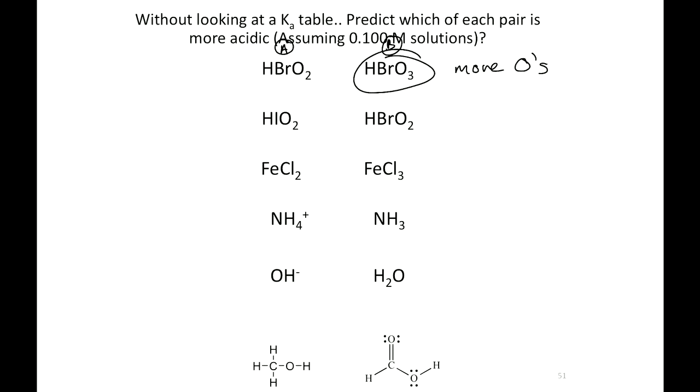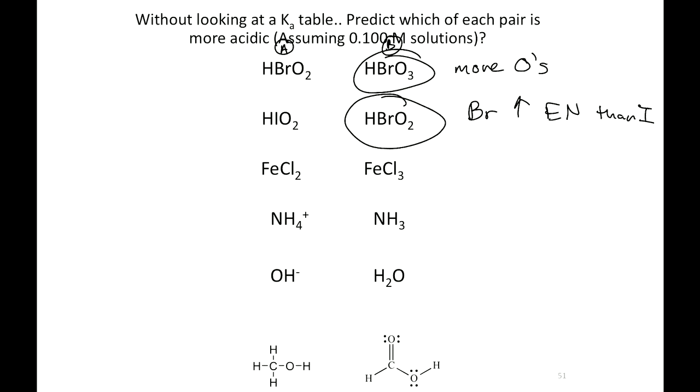HIO2 or HBrO2? What do we think? A or B? B, yes. Why? Bromine is more electronegative than iodine. Remember, fluorine is the most electronegative, and then it decreases going towards cesium. So bromine's more electronegative than iodine because iodine's lower on the periodic table.